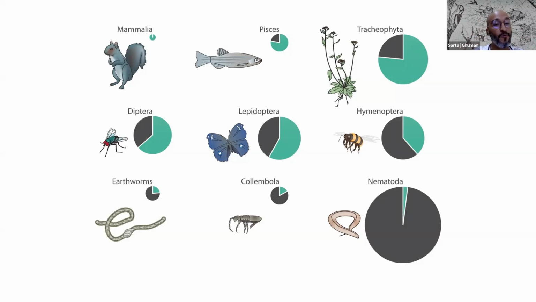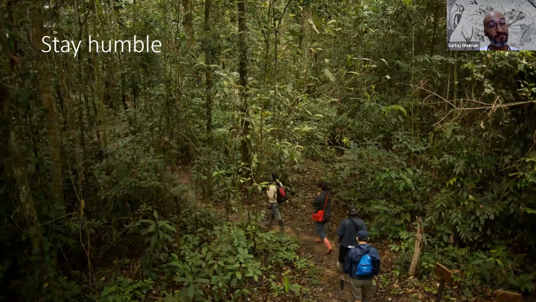So what does that tell us? It tells us to stay humble. So this is a forest ecosystem. It's really complex, and we are only just beginning to understand these systems. So if there is one takeaway from this section of the talk, it is that we cannot even imagine recreating these ecosystems.